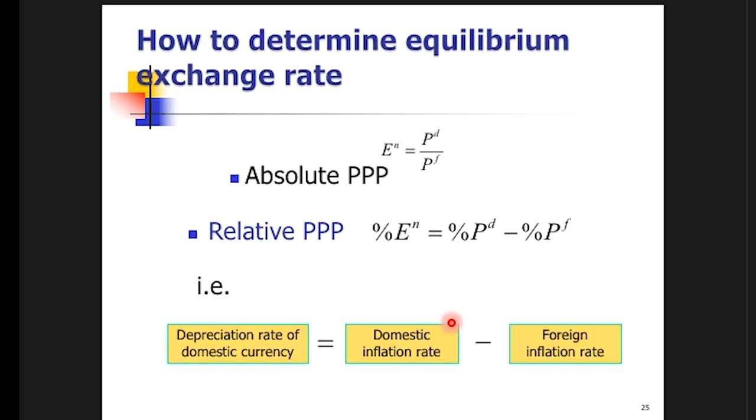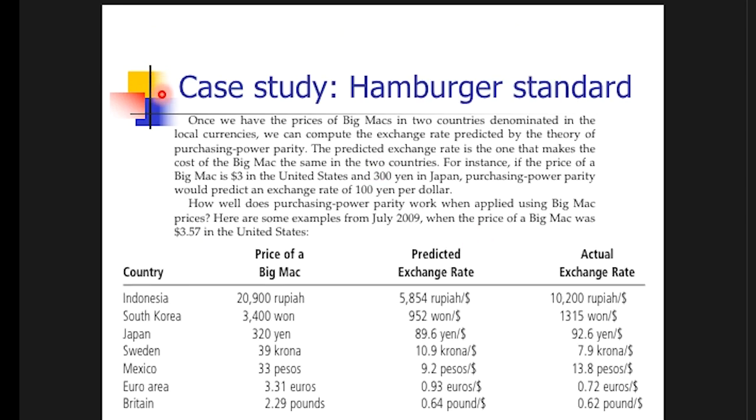It will be the difference between domestic inflation and foreign inflation, because the percentage change in price is also the inflation rate. There is a very interesting case study from the textbook, the Hamburger Standard. So please read the case study in the textbook carefully to see how we determine the exchange rate using the PPP theory.